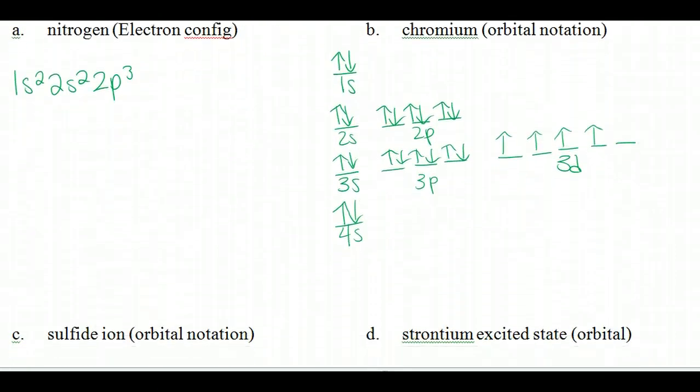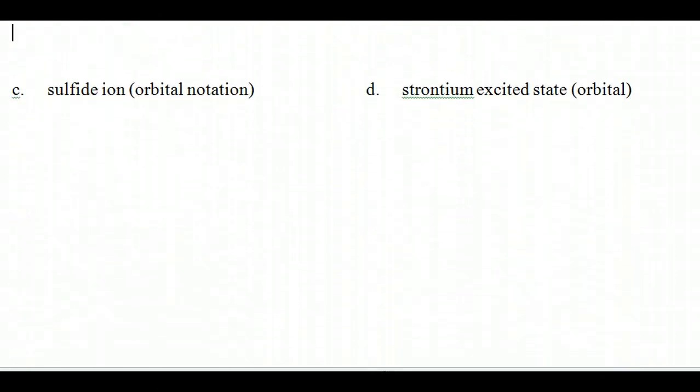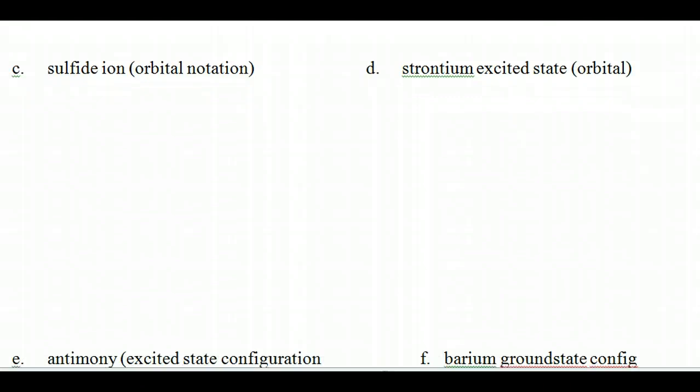Okay, so then for part C, we're doing the orbital notation for sulfide ion. Okay, again, remember the word ion means charge. Sulfur has a -2 charge. That -2 is telling me that it's going to gain 2 electrons.